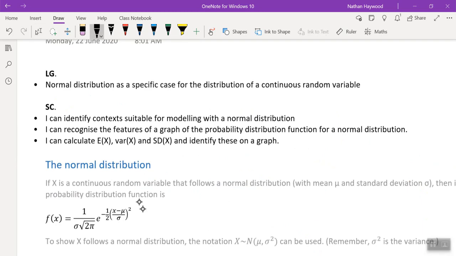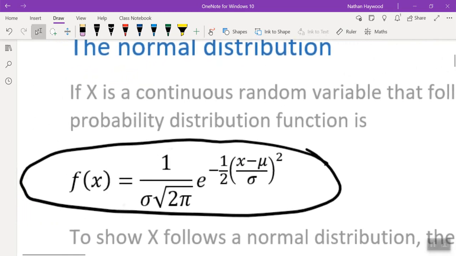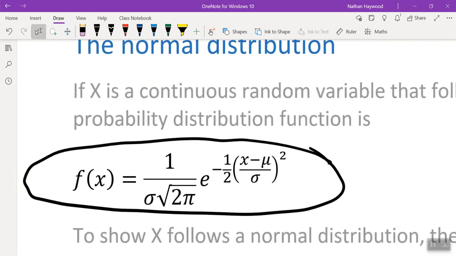The normal probability distribution has this fancy function here. Does everybody know what all those symbols mean? What does this standard deviation?